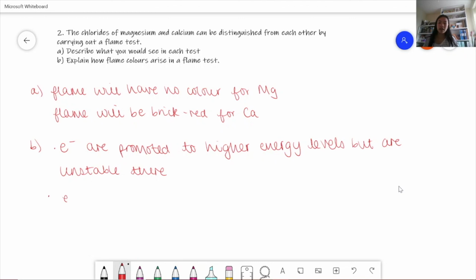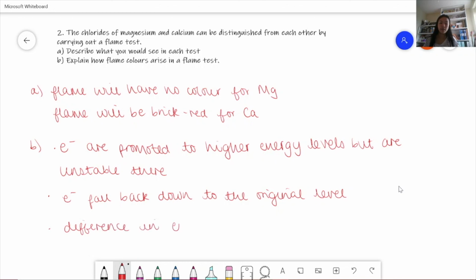So then the electrons fall back down to the original energy level that they were in. And so the difference in energy is emitted as light energy.